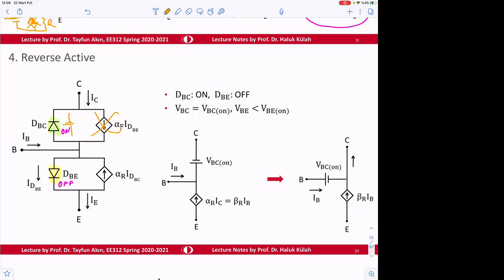A voltage source and current source can be ignored. And since this is off, this is also gone.